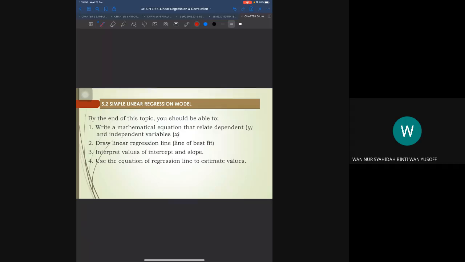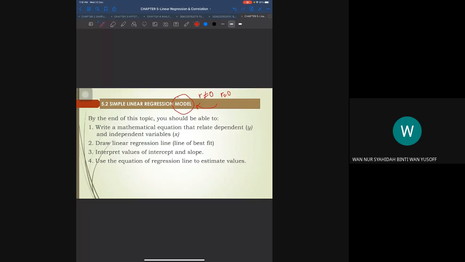So by the end of this topic, you should be able to write a mathematical equation that relates dependent and independent variables. This model we can construct after we are sure that R is not equal to 0. If your R equals 0, there is no use for us to construct the model of our data, because it will be invalid to use, as there is no relationship between the variables.